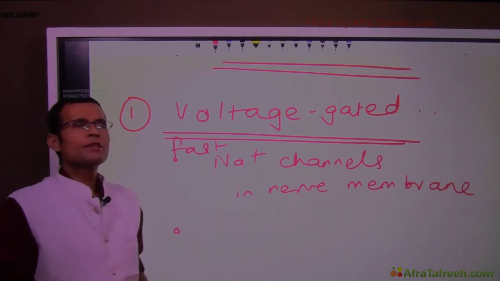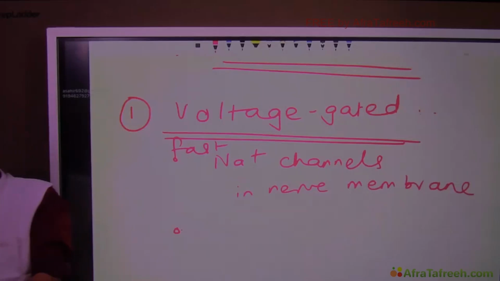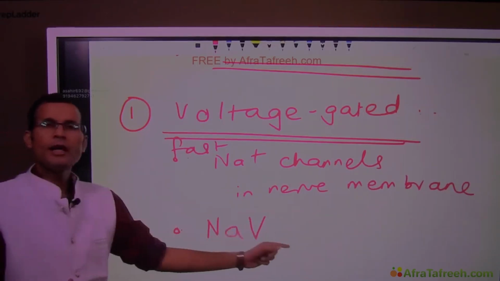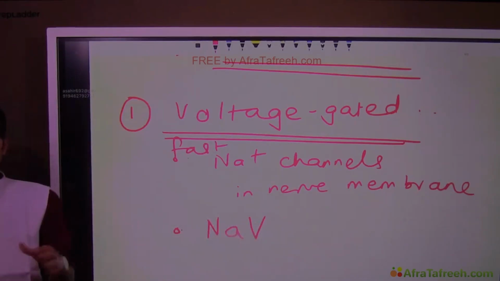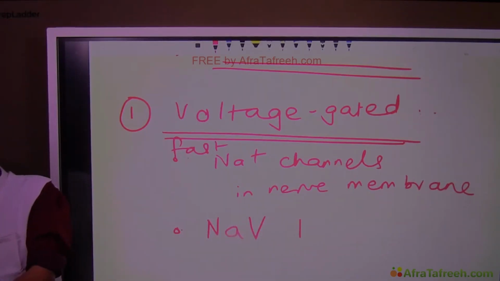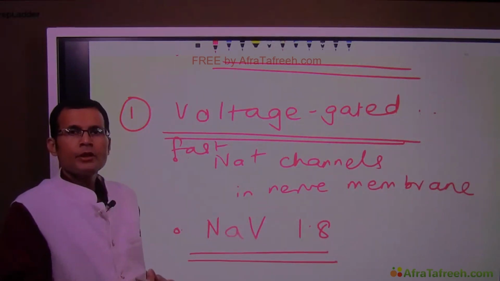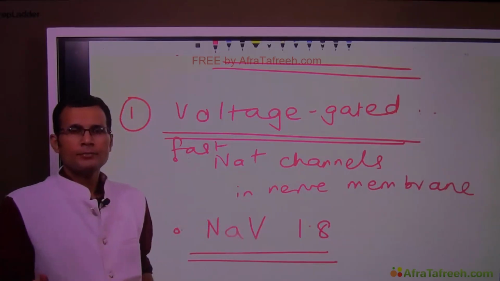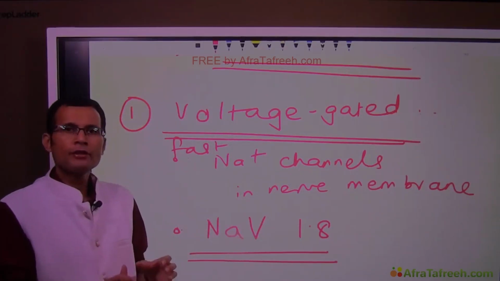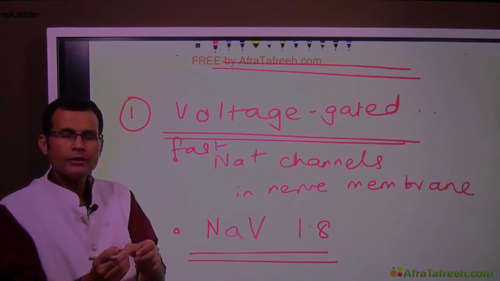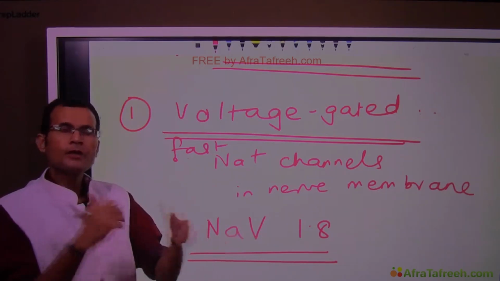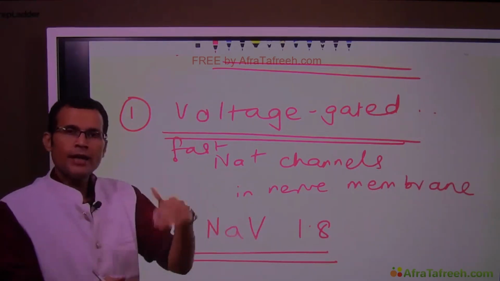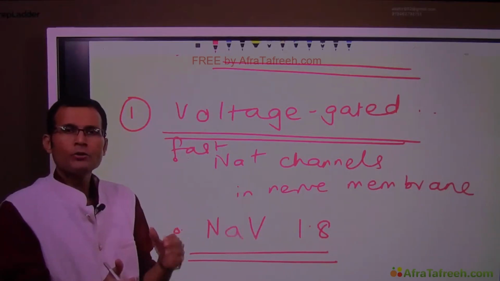One more category which has been recently discovered, they are called NAVs, sodium and voltage. So another sodium channel, for instance, NAV 1.8, is a voltage gated channel. It's present in the pain pathways, primary afferents of the pain coming from the skin and entering the spinal cord, where they synapse to the second order neuron.